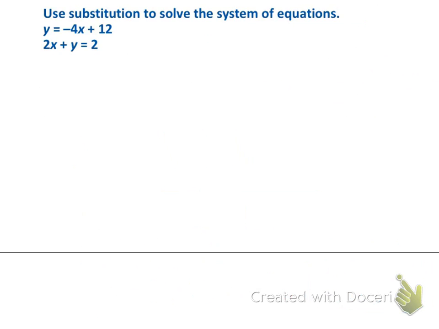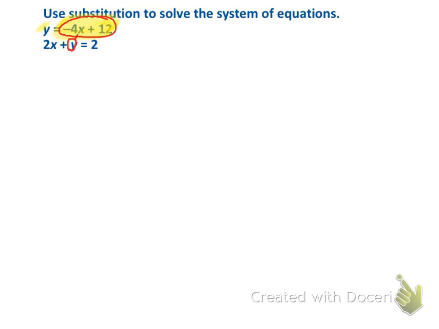Let's do another example. Here I have y equals negative 4x plus 12 and 2x plus y equals 2. So in the first equation, it says that negative 4x plus 12 is the same thing as y. So I can plug that whole thing in instead of y.